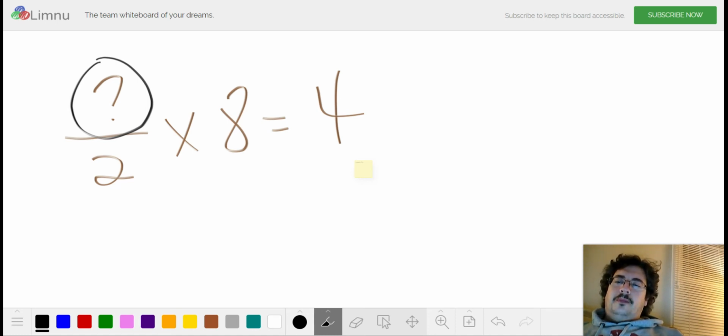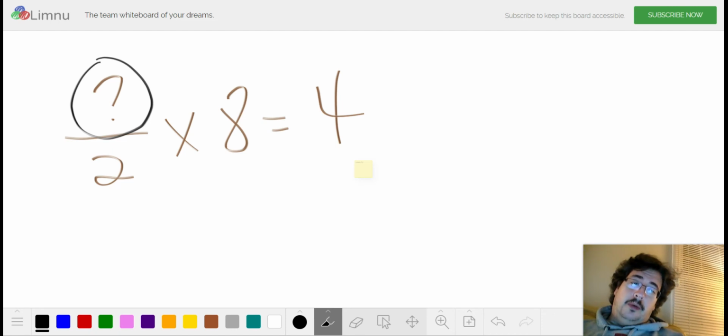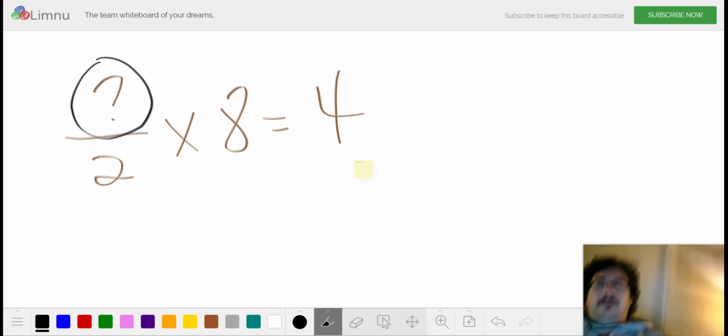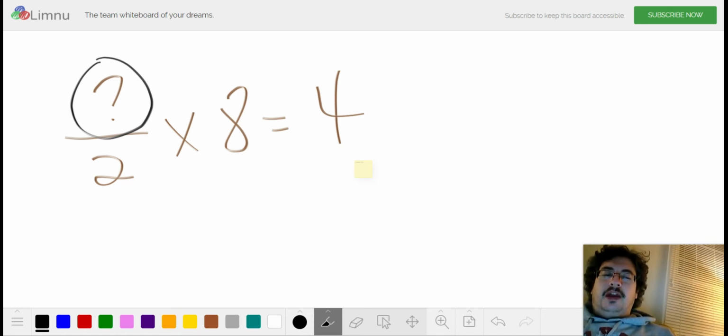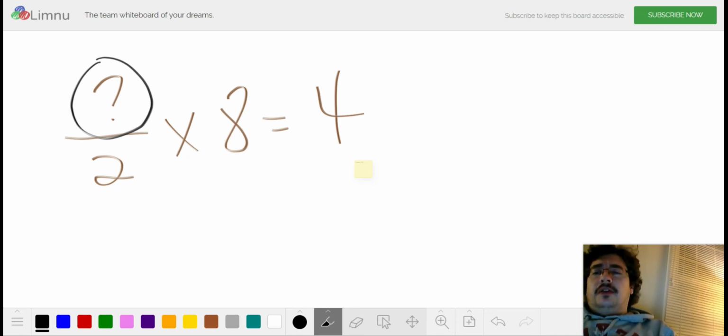So what I have here is some numerator over 2 multiplied by the whole number 8, and it equals the whole number 4. Well, I'm going to use what I know about multiplying fractions, and my knowledge of multiplication and division facts to help solve this problem.